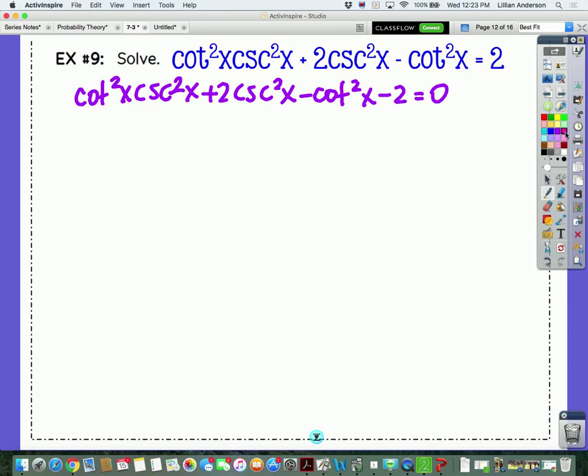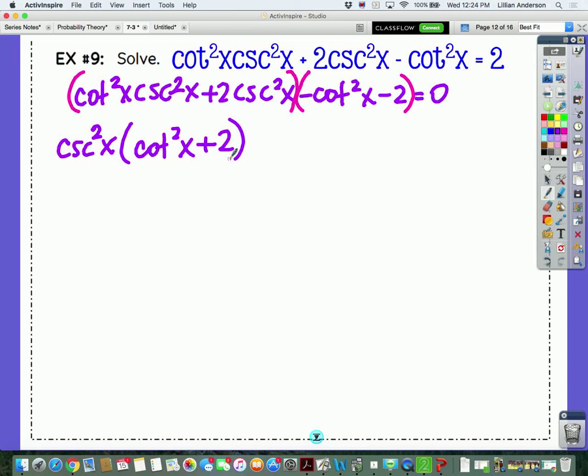Remember, factoring by grouping, you group the first 2, and you group the last 2. What's the GCF of the first group? Take out a cosecant squared x. When you do that, what are you left with? Plus 2.